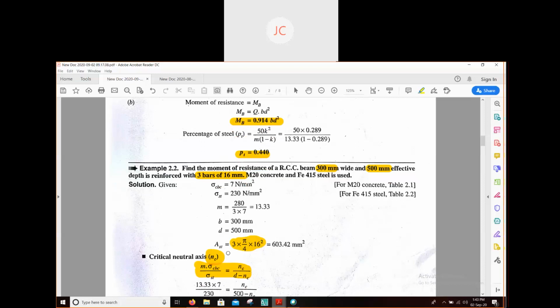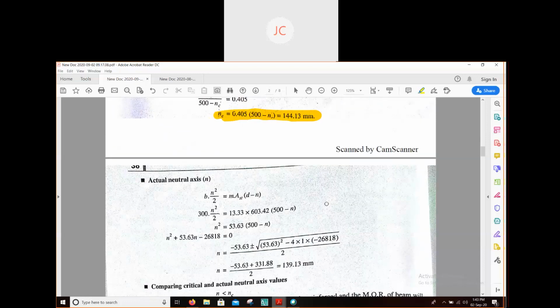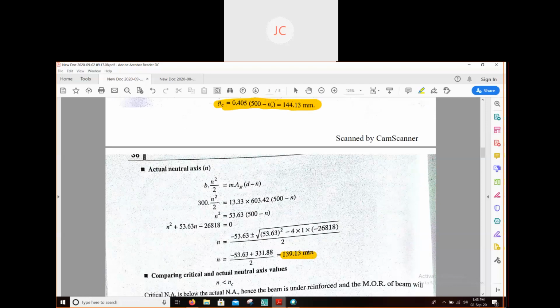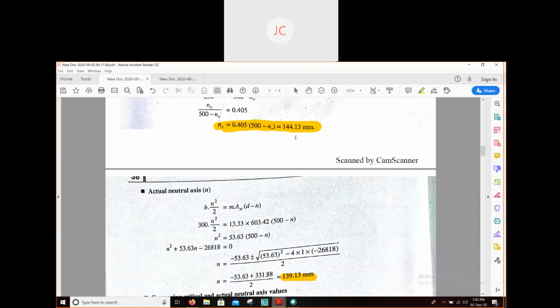So we have the value of Ast, and b and d are given. If you put the values in this equation and solve it with your calculator, you will get N equal to 139.13.